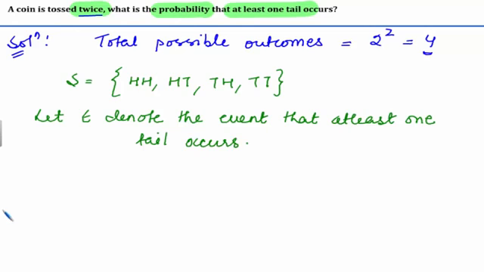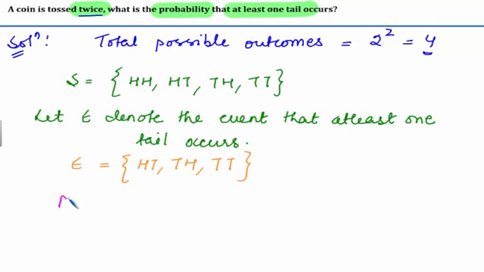Then, the event E is equal to head tail, tail head or tail tail. In these 3 outcomes, we have at least one tail.